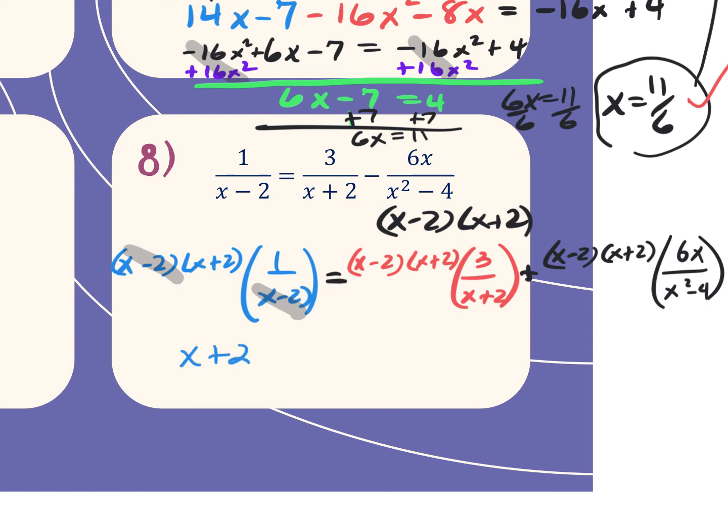And then now the red, the x plus 2 cancels, and now I have to multiply 3 times x minus 2. And then I have the plus sign. And then over here, they both simplify, because that was my common denominator.